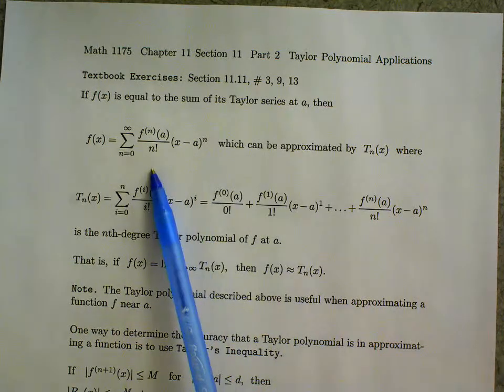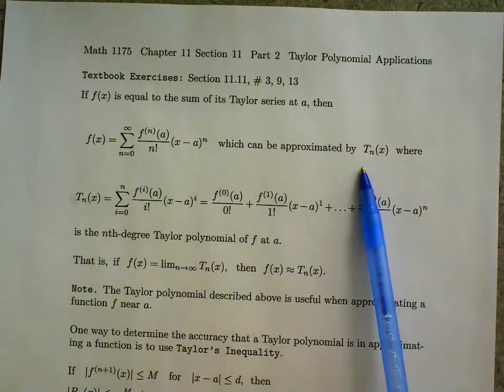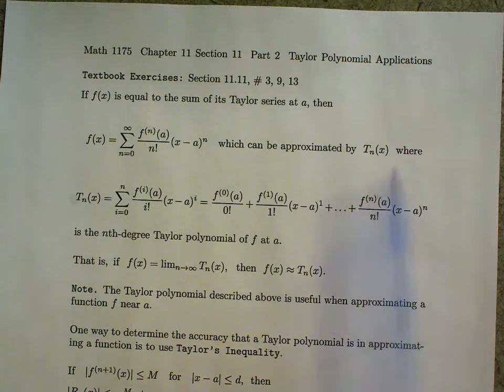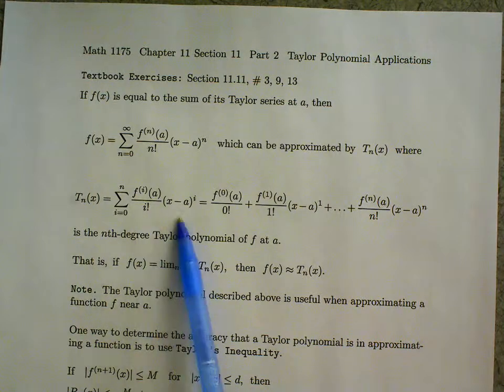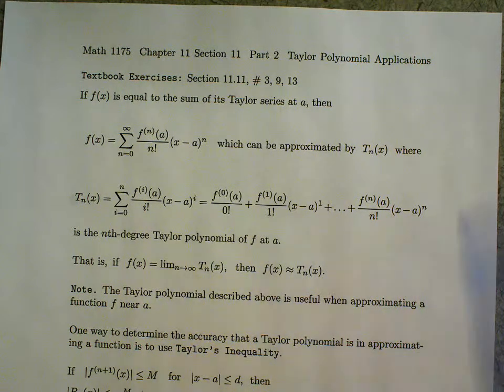And the function f of x can be approximated by the nth degree Taylor polynomial, which has a maximum of n plus 1 terms, the nth degree Taylor polynomial of f at a.